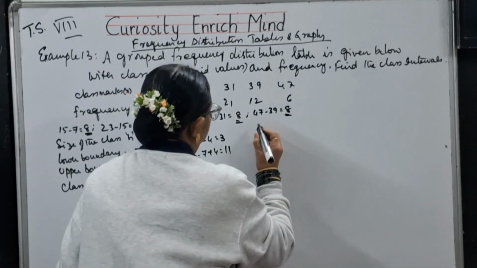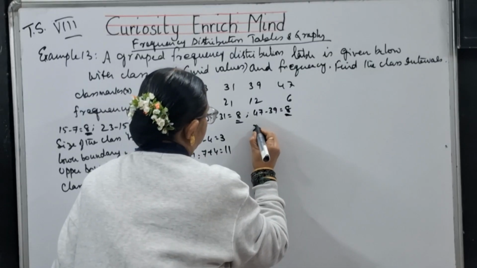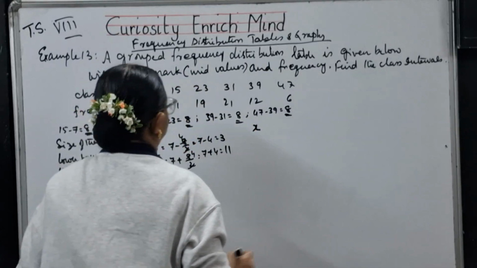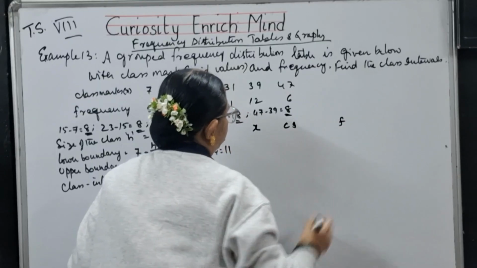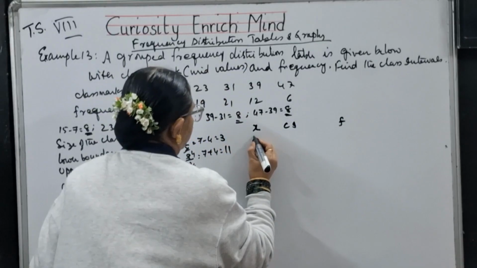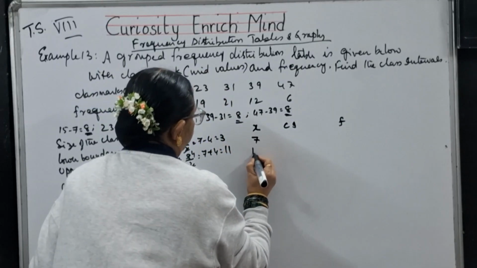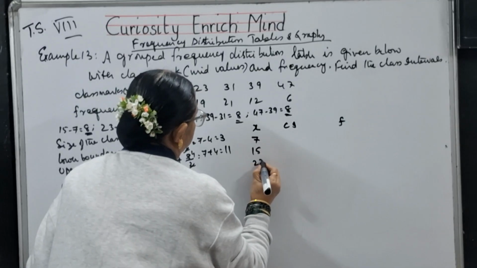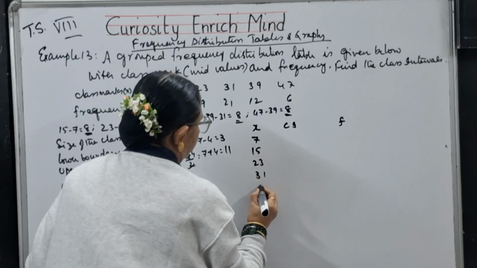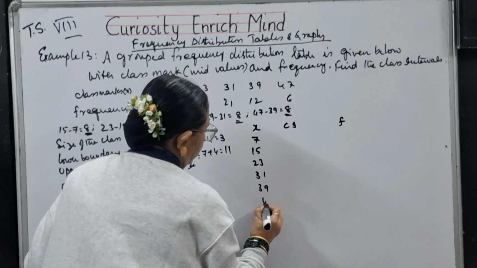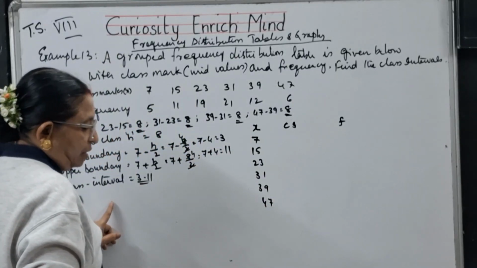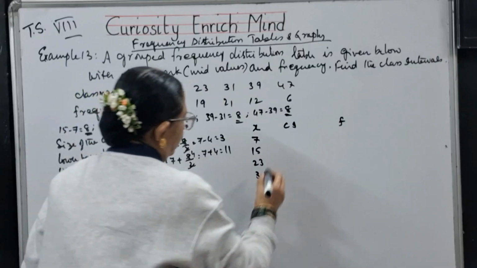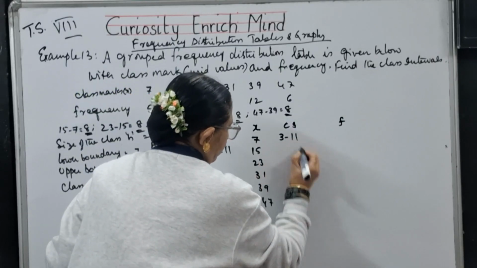So here I am writing the X values, the class interval values, and the frequency. First the X values are 7, 15, 23, 31, 39, 47. The first class interval I have done like this, 3 to 11.